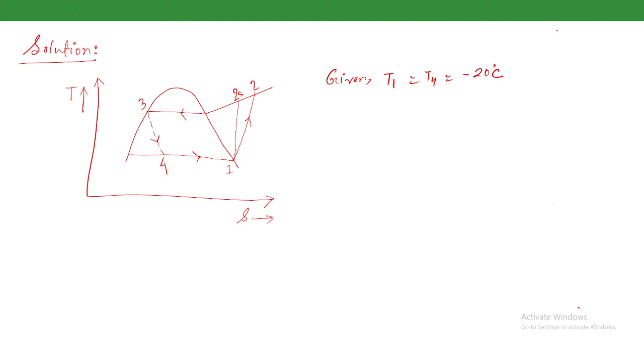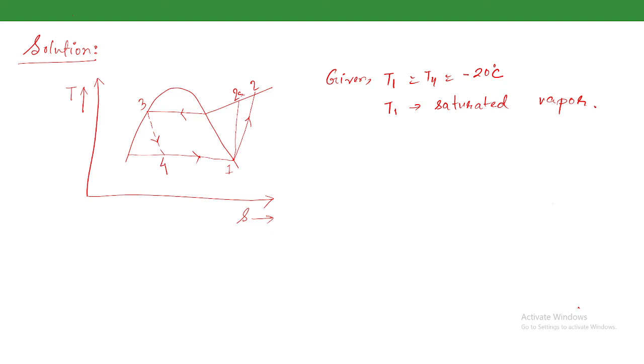Okay, and T1 is saturated vapor. The compressor 1 to 2 is initially, because it is stated as an adiabatic compressor.